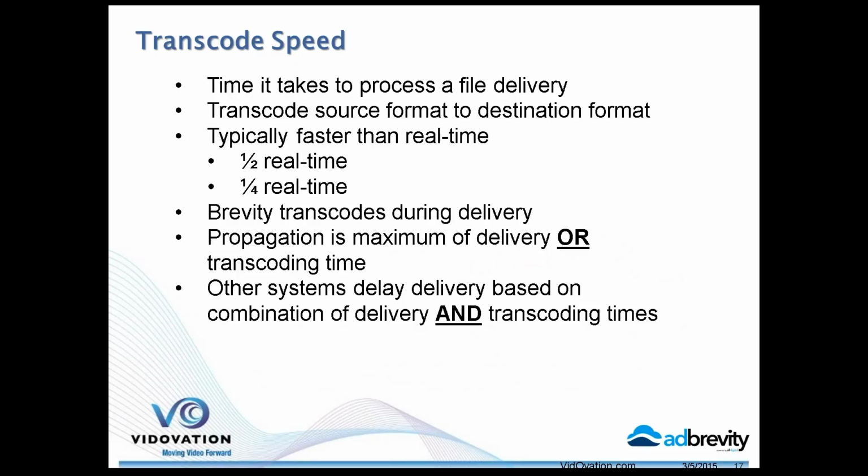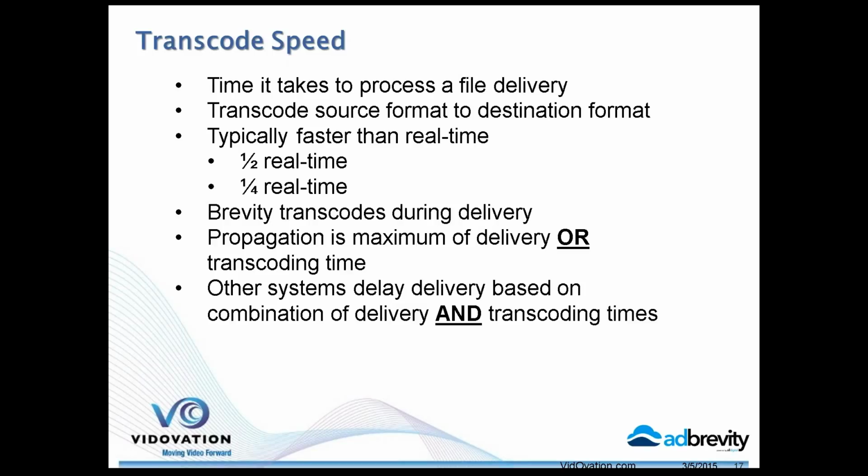And typically transcoding is not done in real time. It's either half real time or quarter real time, and that depends on your processing power. It also depends on the file format you're starting with and how compressed the destination or the output file needs to be. But typically it's half or 1/4 real time.